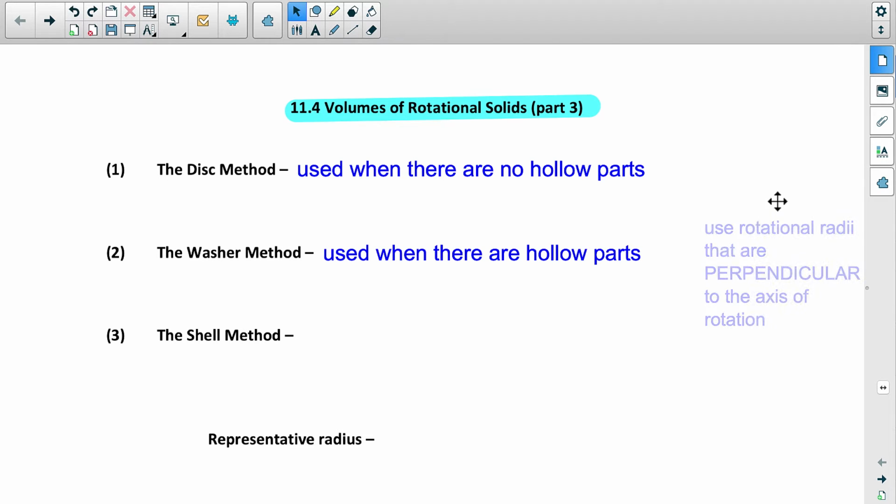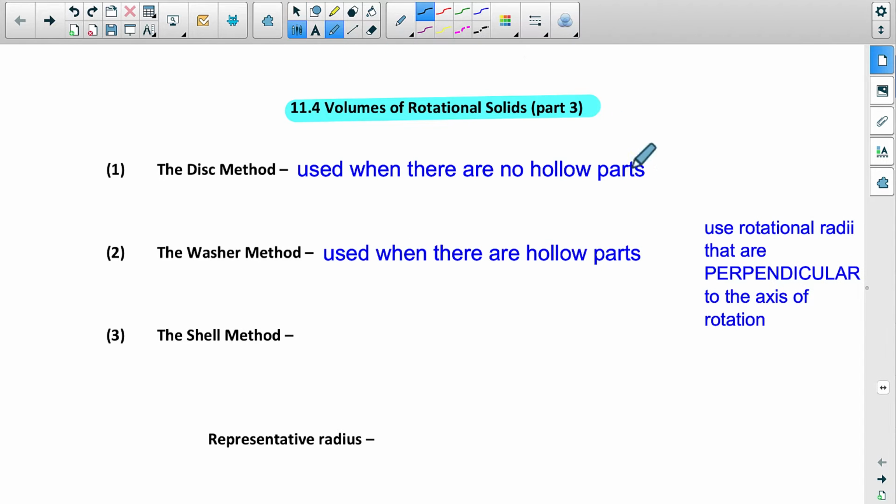And with both of those ones, you're going to use rotational radii that are perpendicular to the axis of rotation. You know what I'm talking about?